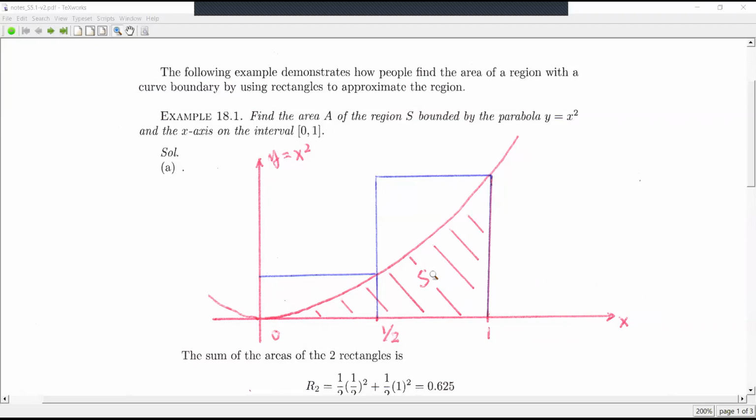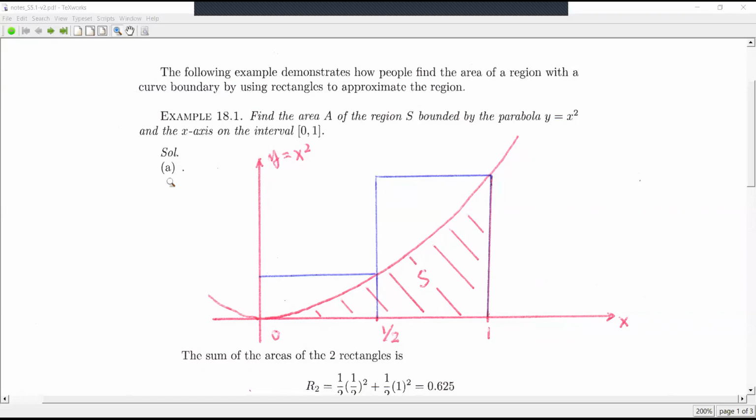But now, S is not a triangle because the top boundary is a curve. Now, how to find the area of this region? We can use a polygon to approximate the region, but in this example, we use rectangles to approximate the region. The area of a rectangle is more straightforward to compute than the area of a polygon.